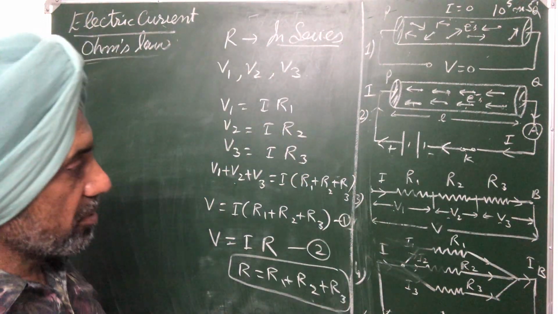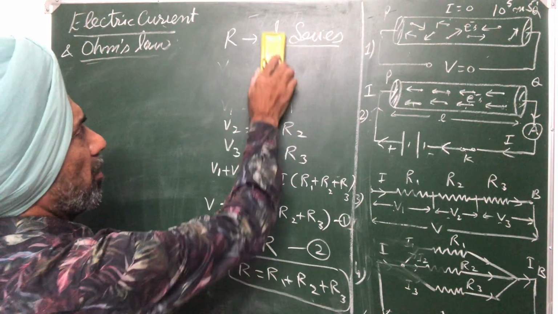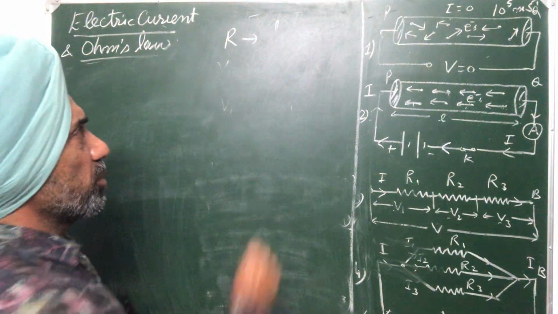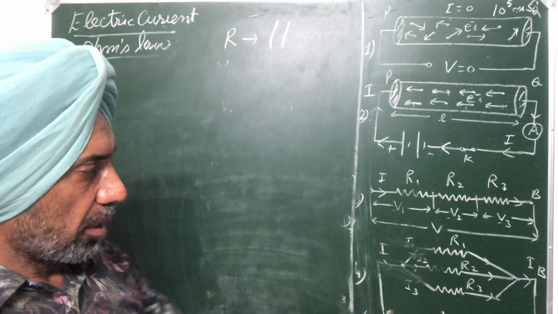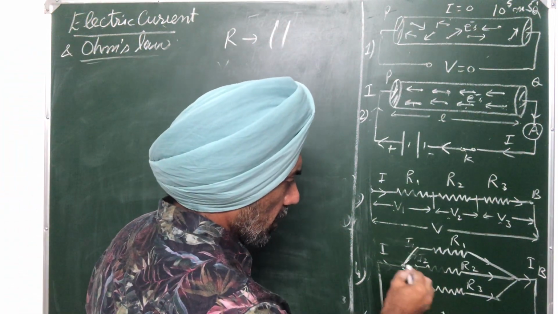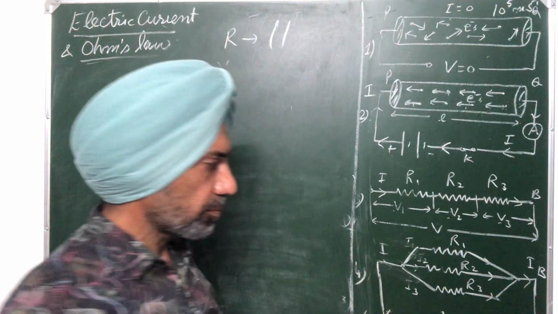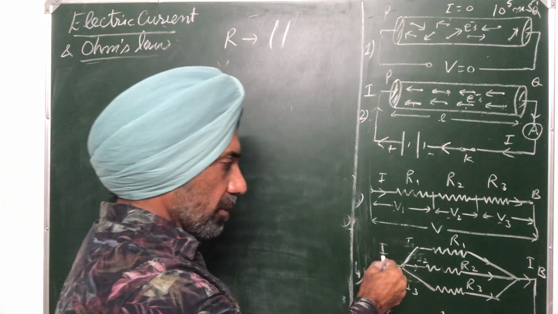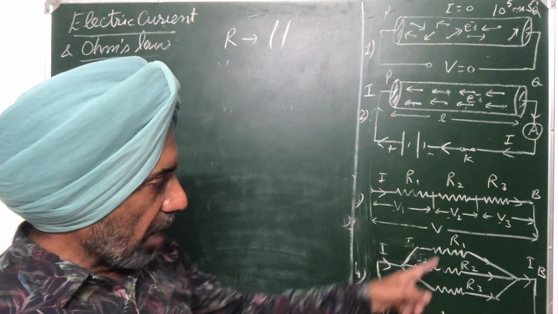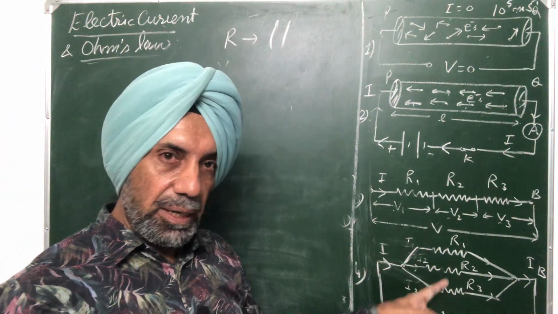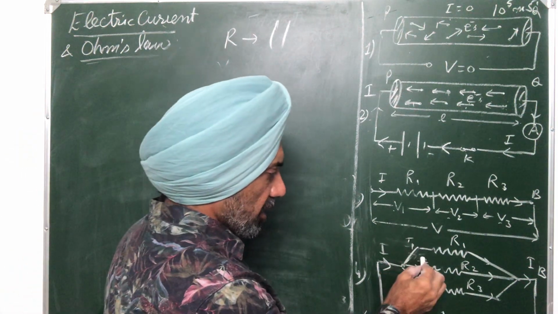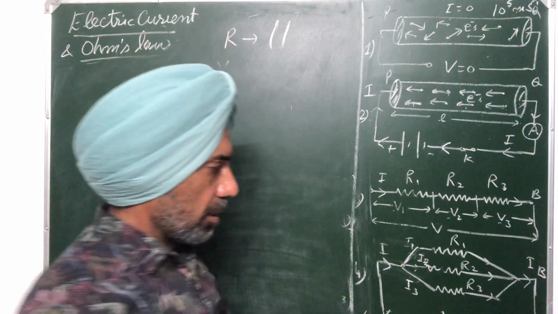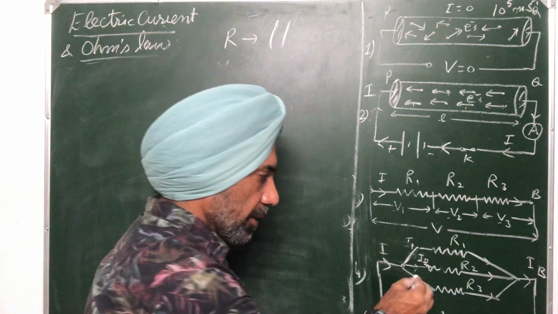Then what happens if a number of resistances are connected in parallel? Again by Ohm's law, take this example. V is the potential difference between A and B, I the total current flowing in the circuit, R1, R2, R3 connected in parallel. In this case, the potential difference across each resistance will be the same, but the current through each resistance will be different.